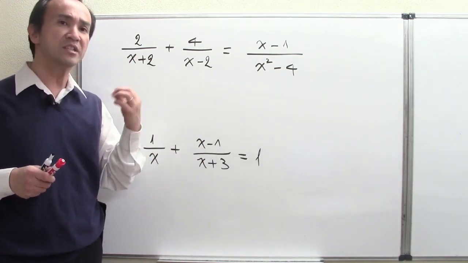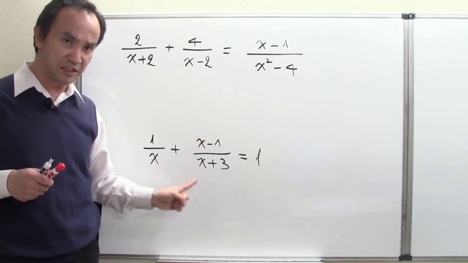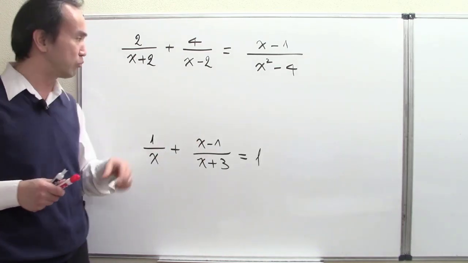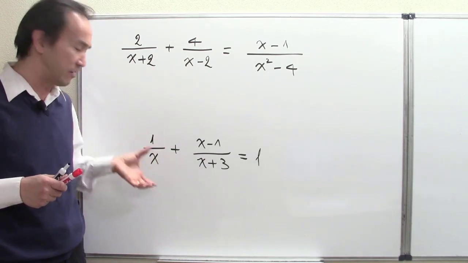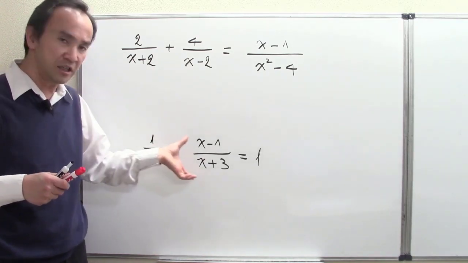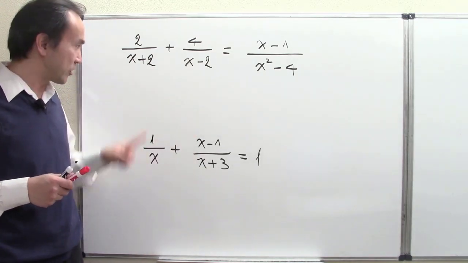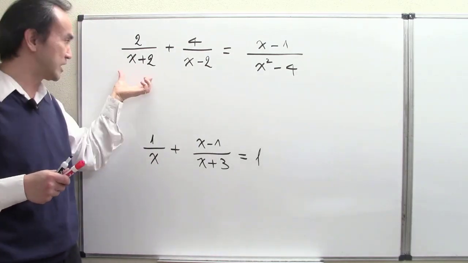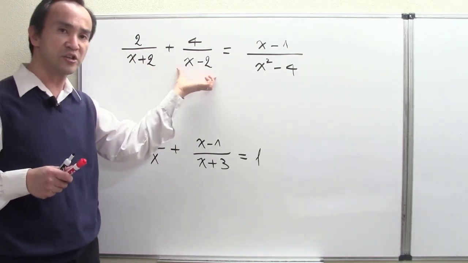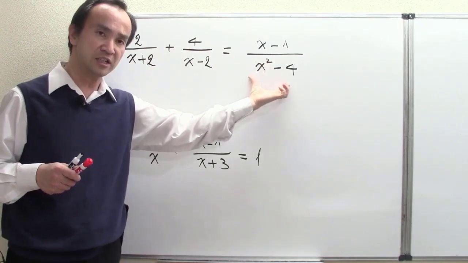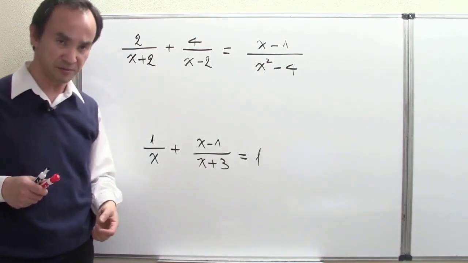The reason we call any one of these a rational equation is simply because the equation itself involves terms that are rational expressions. This equation here has two rational expressions on the left-hand side and one rational expression on the right-hand side.